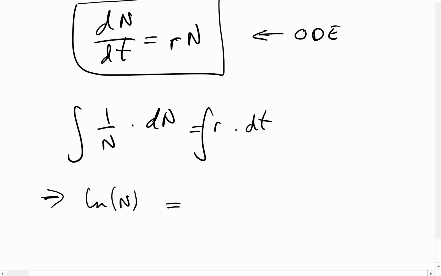And what's the integral of r with respect to t? Well, there's no t in there at the moment, so it's effectively just asking what's the integral of a constant. So it's going to be rt, because if we differentiate this, we're going to get r back. There's also going to be a constant of integration on both sides, but we tend to just combine the constants of integration into one.